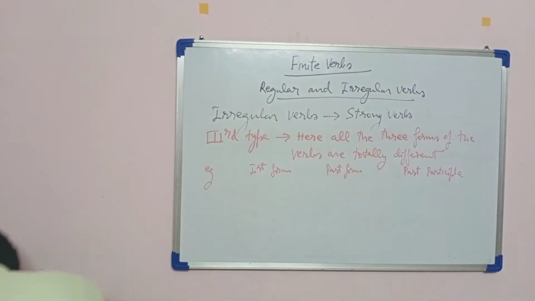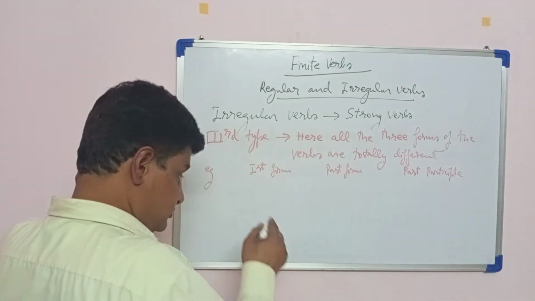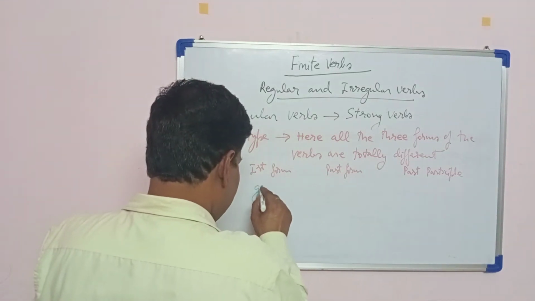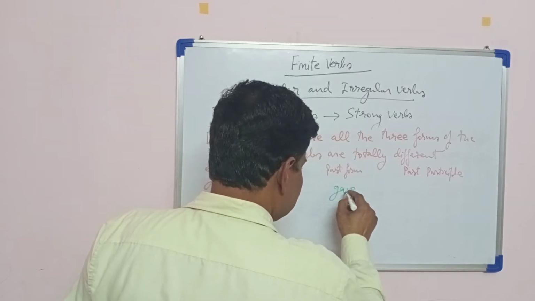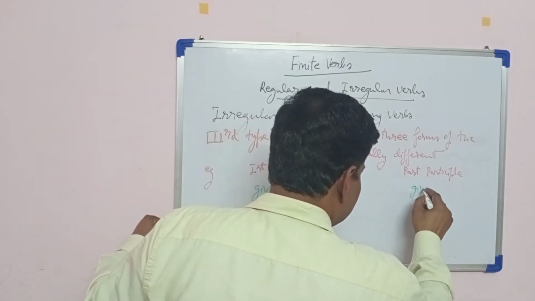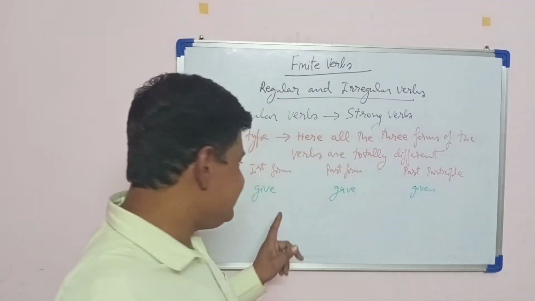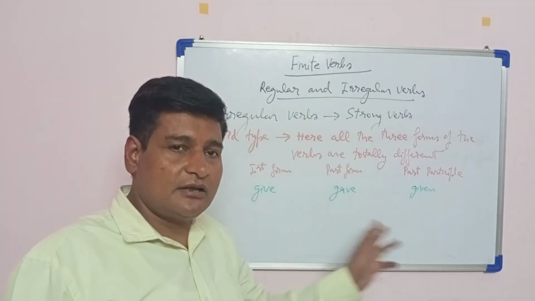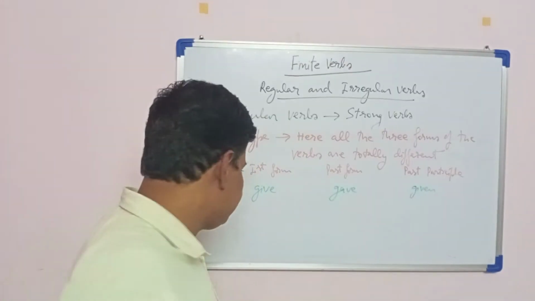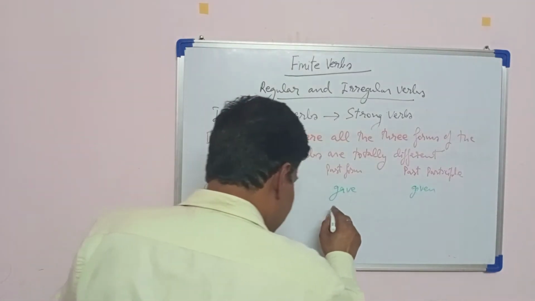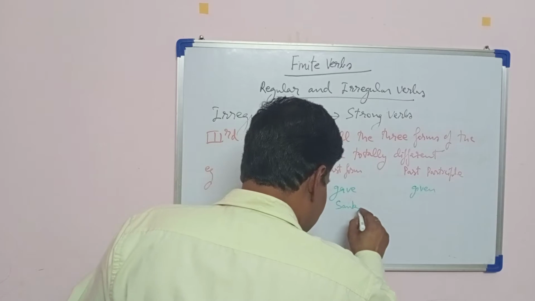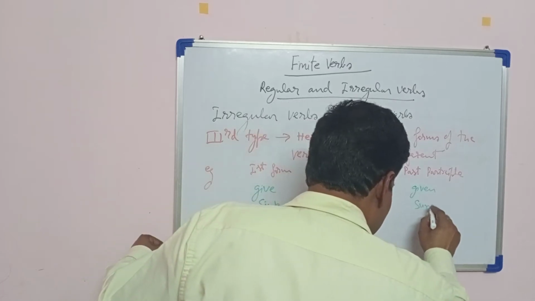What are the forms? Let us understand. Give, gave, given. You can see give, gave, given, all the forms are different ones. Sink, sank, sunk.